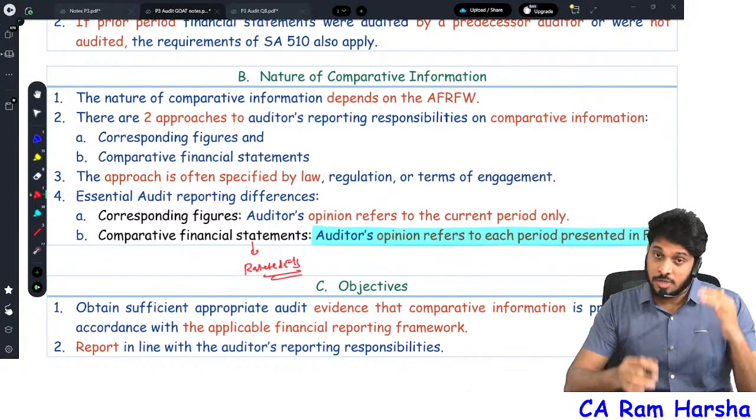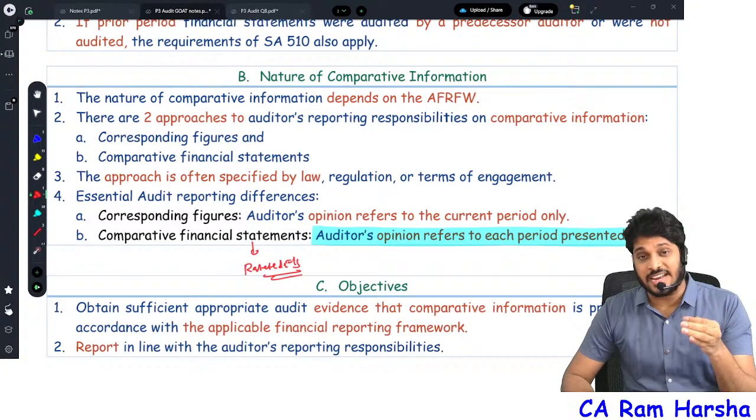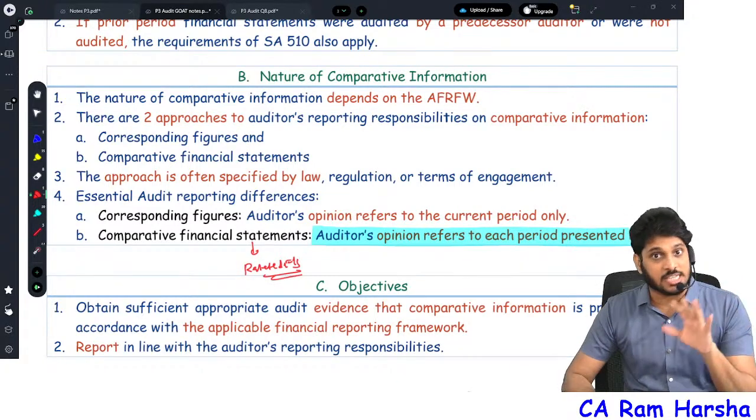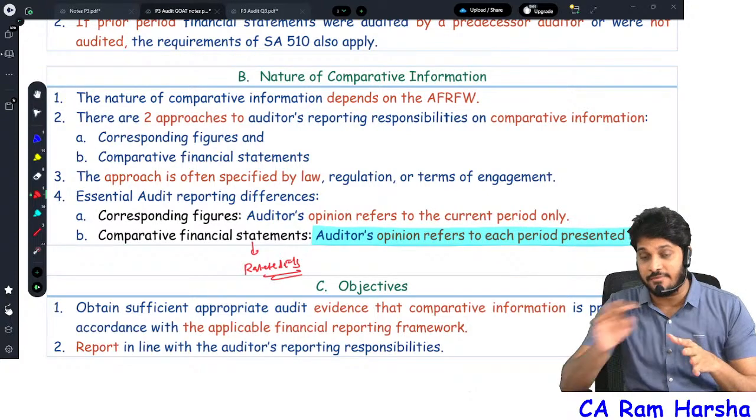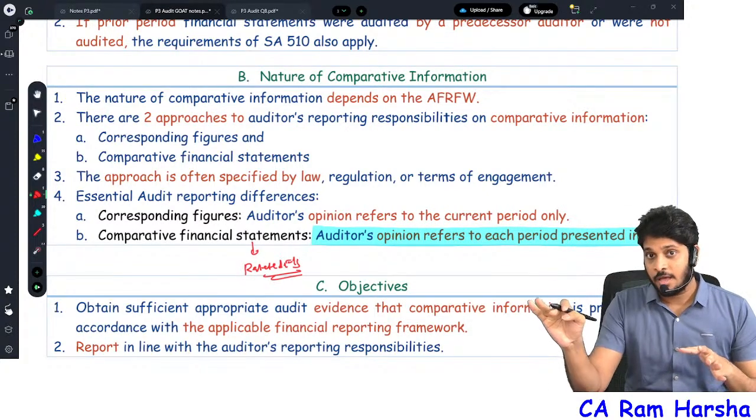So they are restating the financial statements as per Ind AS for the last 3 years and presenting comparative financial statements which will have 3 years' figures.